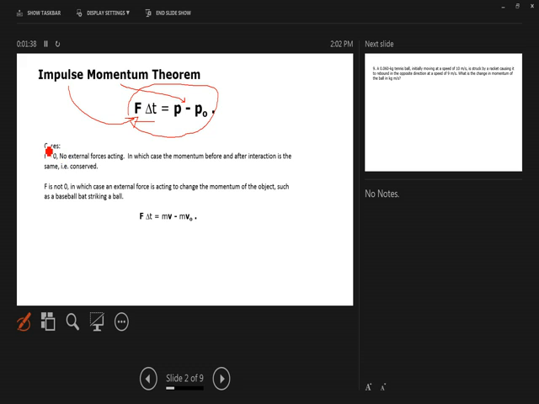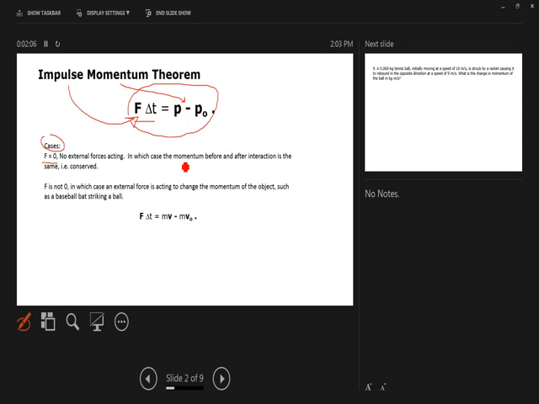Now, there are a couple of cases that we can look at here. First case is, what if there's no external force? Okay, what if F equals 0, right? If F equals 0, then the left-hand side of this is 0, so it just says that the momentum P equals the original momentum P0. In other words, the final momentum equals the original momentum.